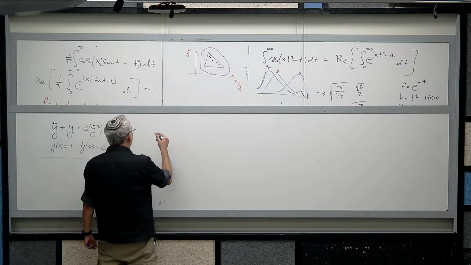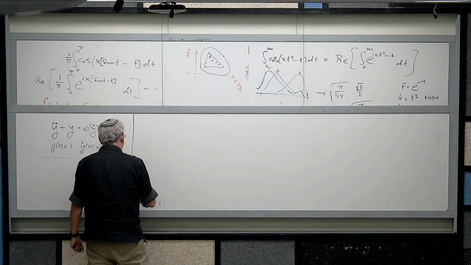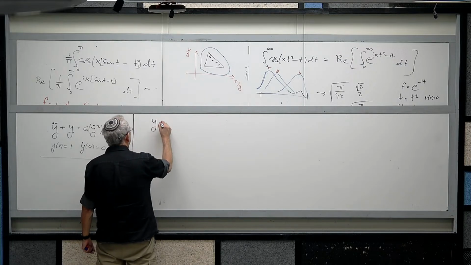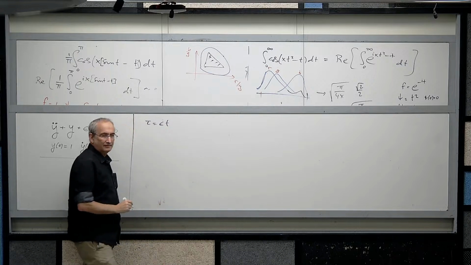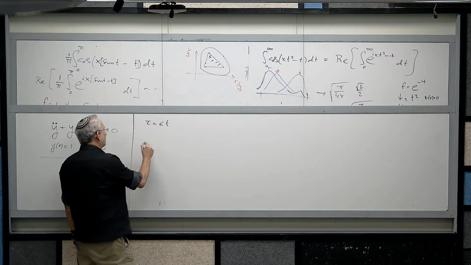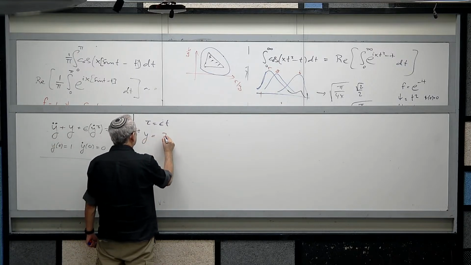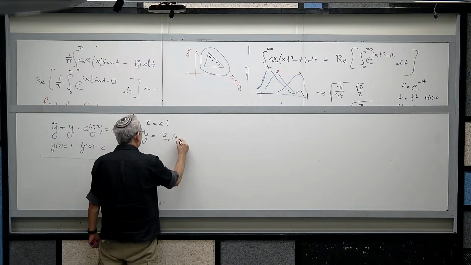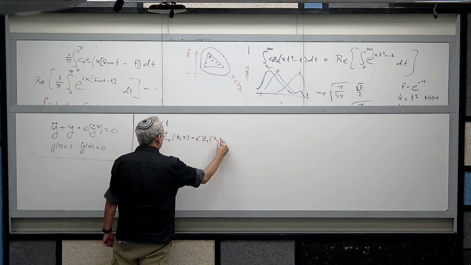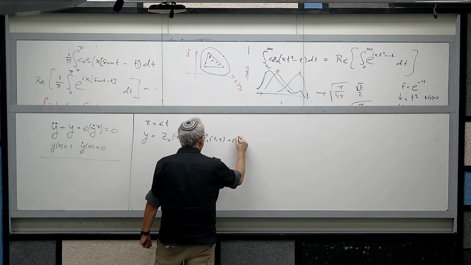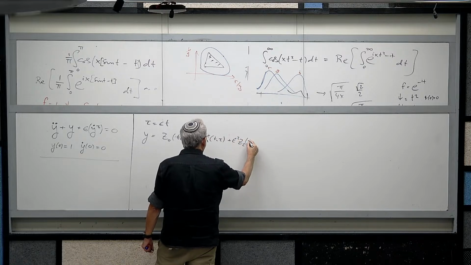And as before, our technique will go like that. First of all, we will define tau as epsilon times t. And we will write y as z naught of t and tau plus epsilon z1 of t and tau plus epsilon squared z2 of t and tau, and so on and so forth.